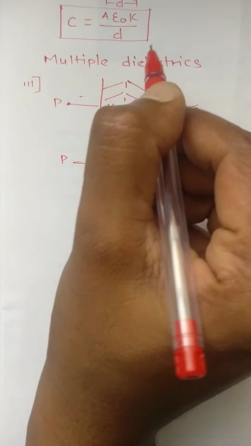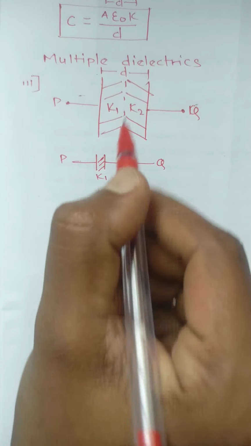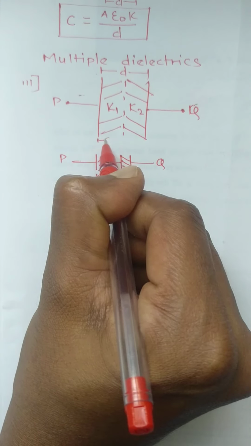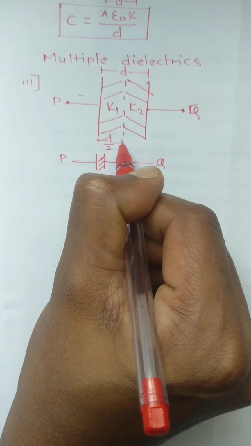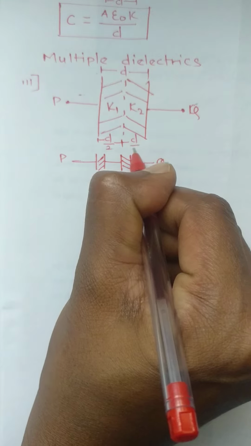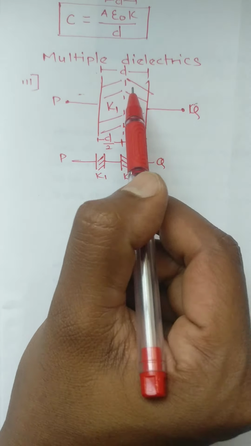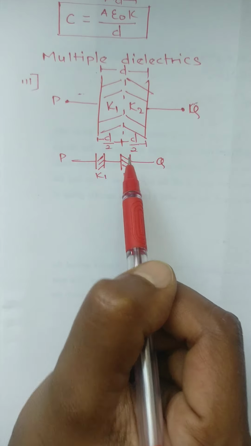The total distance between the plates is D. Let us say this distance is D by 2, that means half the distance is filled with K1 and the other half is filled with dielectric K2.